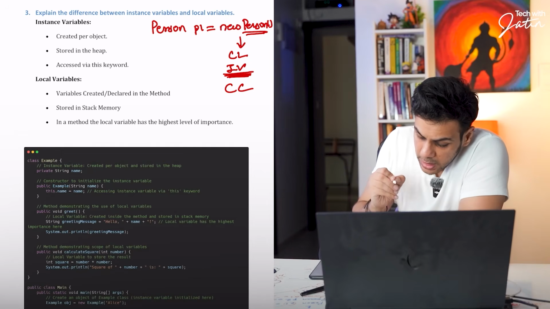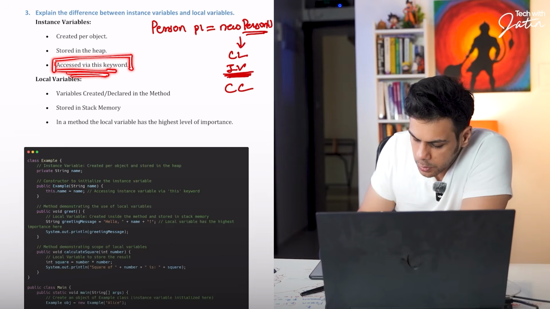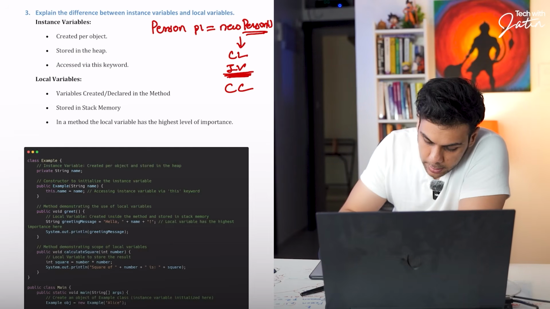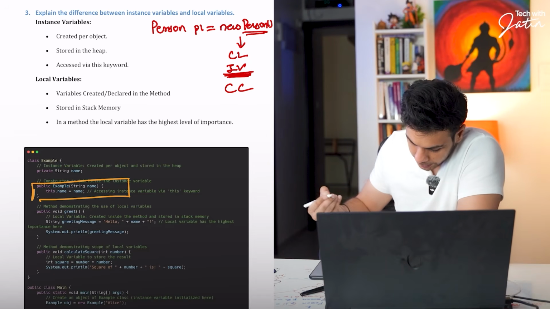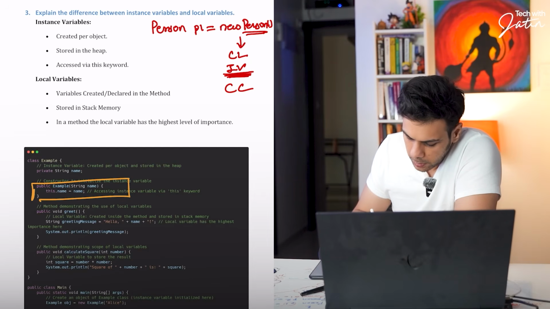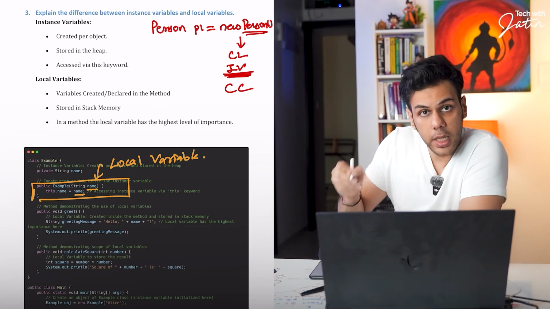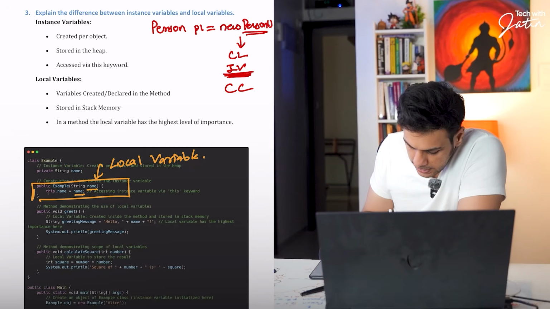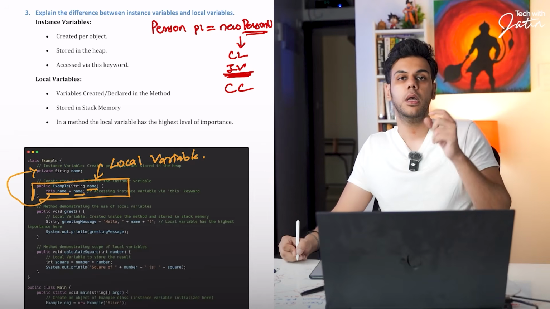Whenever I have to refer to an instance variable, we can use the this keyword. So over here, my dear friends, look at the constructor. Here I have name, so this is going to be my local variable for the constructor. this.name refers to the instance variable.